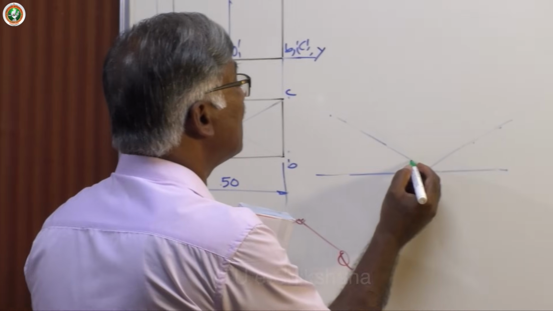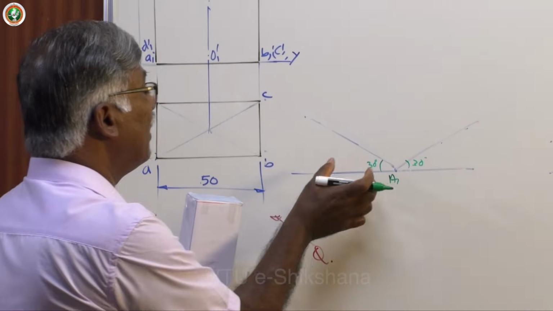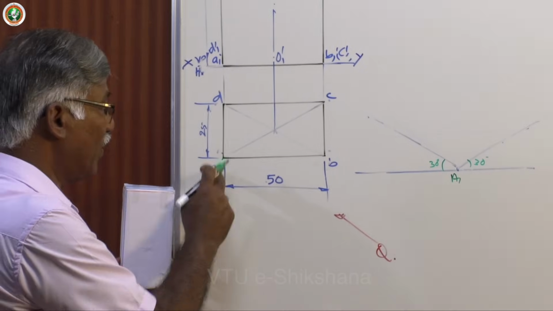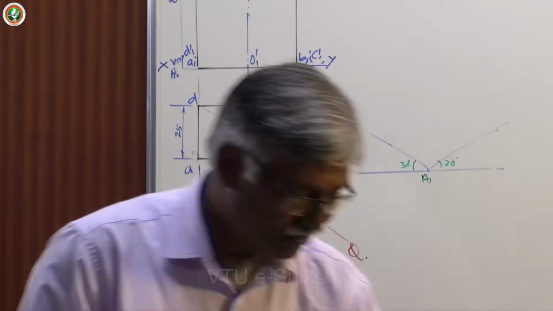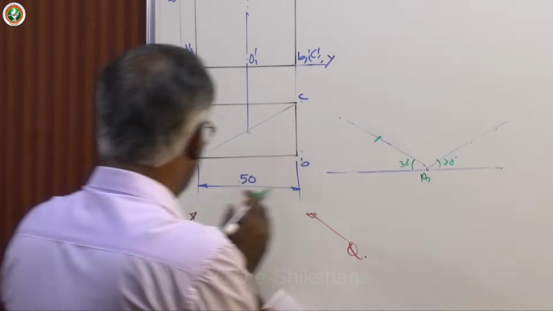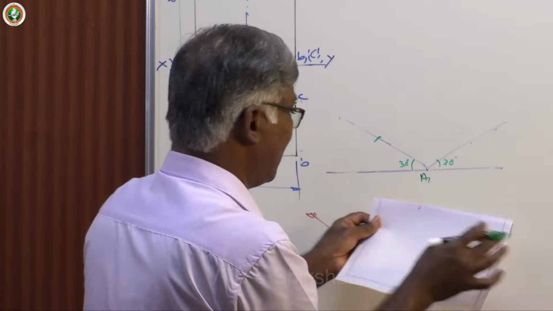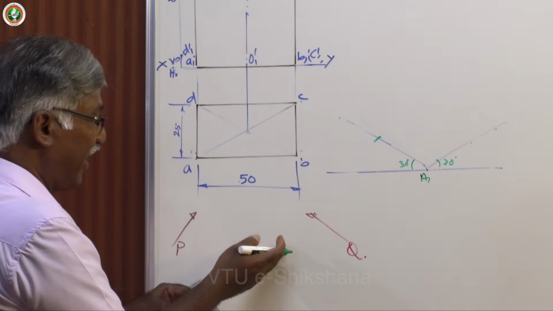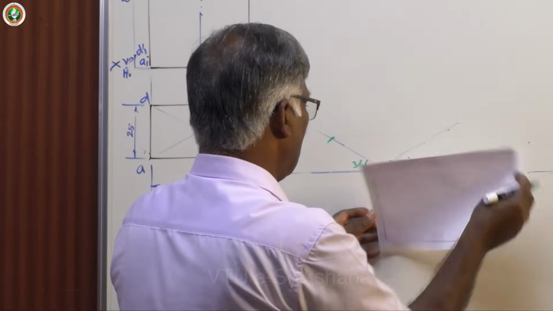So this is 30 degrees, 30 degrees, and here how much do I have to mark? 25 mm. I am marking A1 D1, the base edge, and then to the right of me it is 50, A1 B1, the base edge.